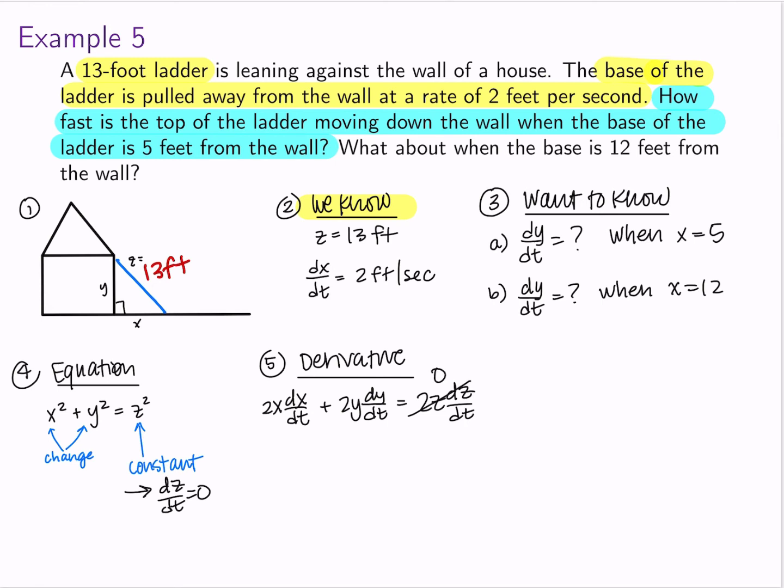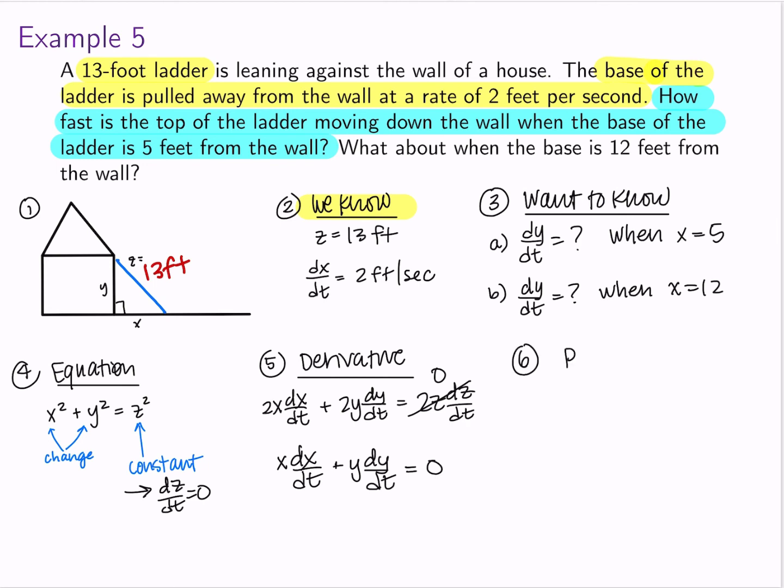Okay. So let's keep going. We can simplify this one little step. I see that everything has a 2 in it, so I can factor that out. So I have x dx/dt, oops, not equals, plus y dy/dt equals 0.